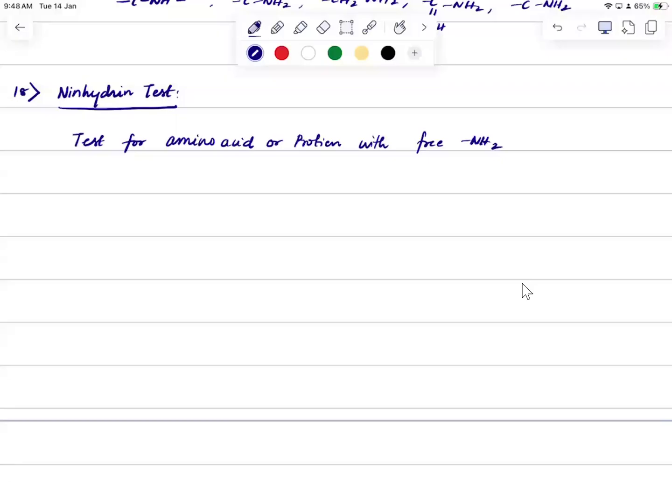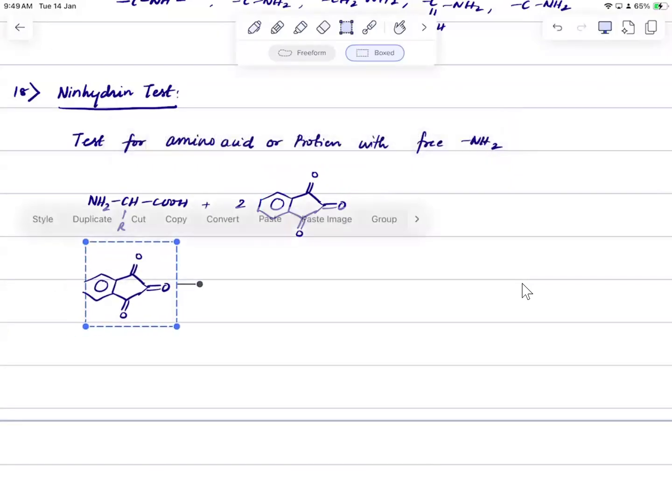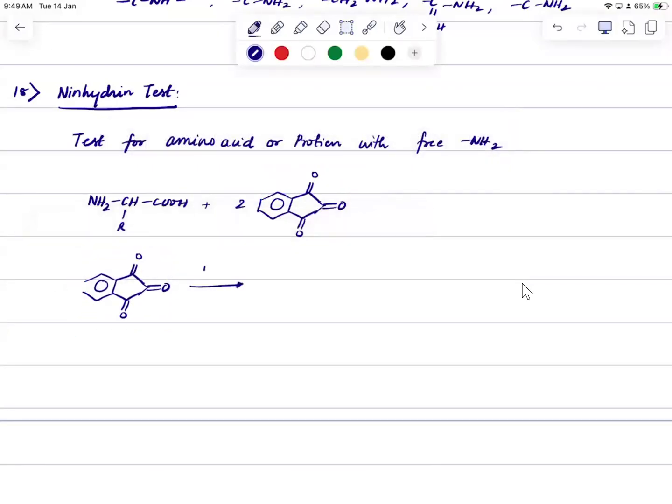So in case you have any amino acid like this, which has NH2, then we have CH, some R group here and COOH. This is a basic amino acid. I take 2 moles of ninhydrin. This is ninhydrin. The structure which I'm writing is ninhydrin, with a double bond O, like this, with a double bond O. Ninhydrins are very famous for their hydrates because if you take this ninhydrin and hydrolyze it, it will form a stable hydrate.